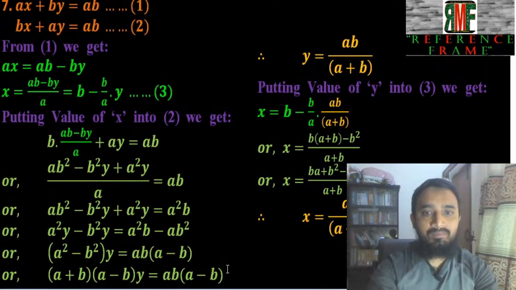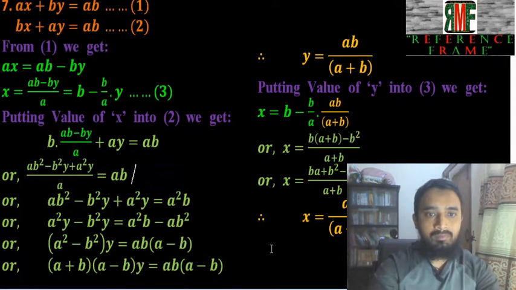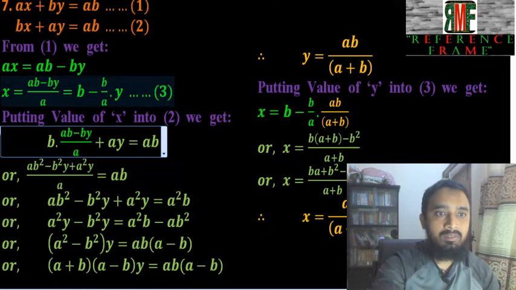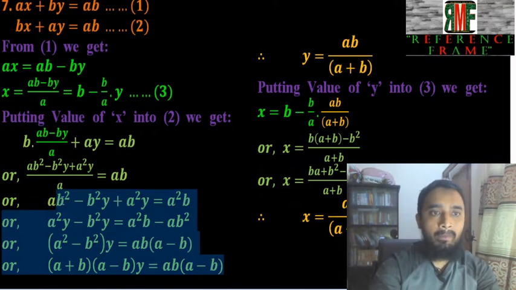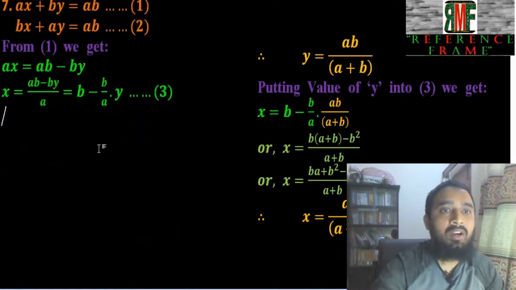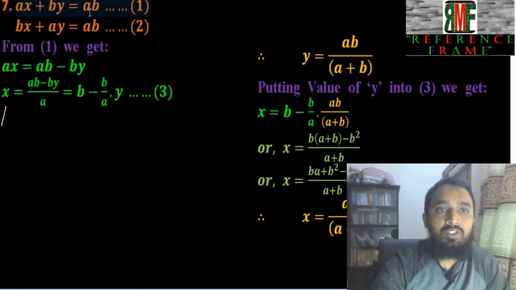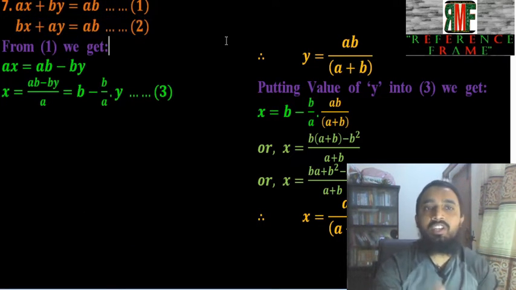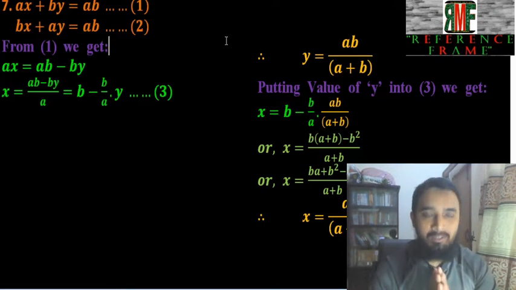As you can see on the screen, all you need to do is look into the left hand side. We have ax plus by is equal to ab, which is equation 1, and bx plus ay is equal to ab. So all you need to do is solve the problem by the substitution method.